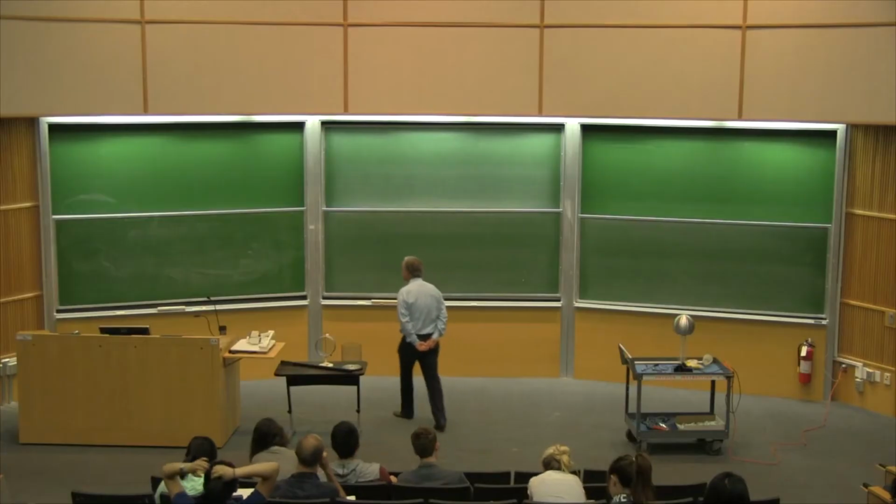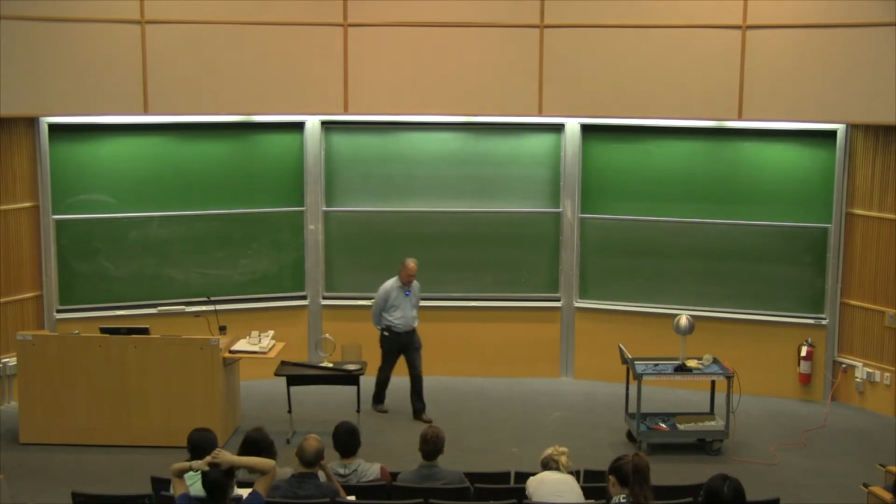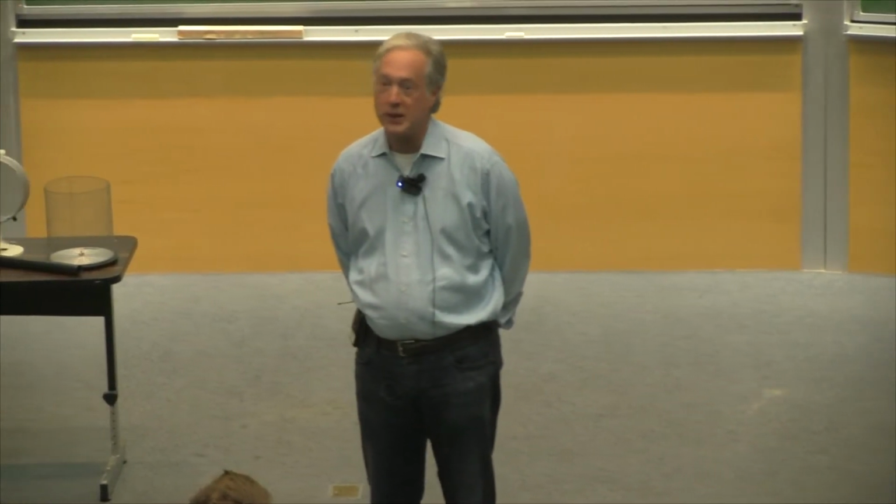Okay, so let's see. Now I suggested that you look in the book for an example to help calculate the electric field in some geometry, and I got a small sense from some of you that you'd like me to do it to show you my perspective on how to do that kind of calculation. So I'm going to do that now, okay?